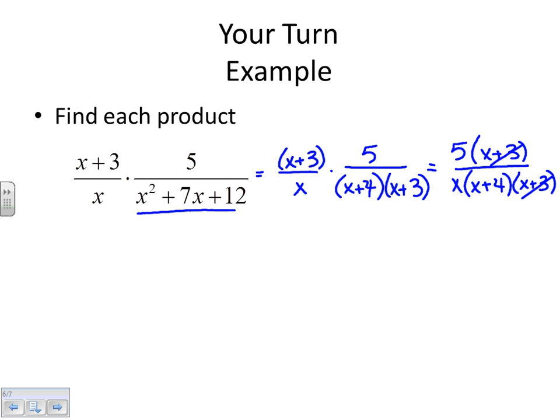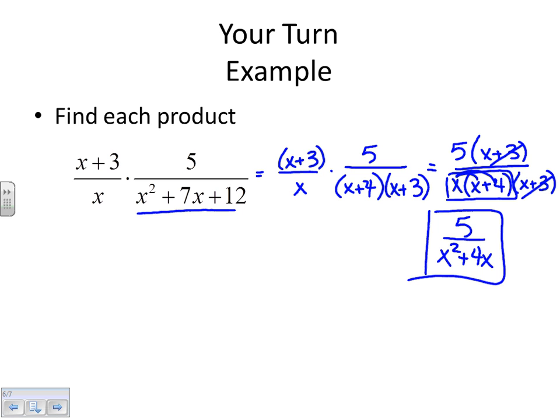Okay, and we have both of those in common. We don't have any x's or anything that I can simplify with the 5 and the x. So what I'm going to do is I'm going to distribute this x back in here. And this is going to be 5 over x squared plus 4x. And I just took this x times x plus 4 and distributed it. So here is my answer, 5 over x squared plus 4x.